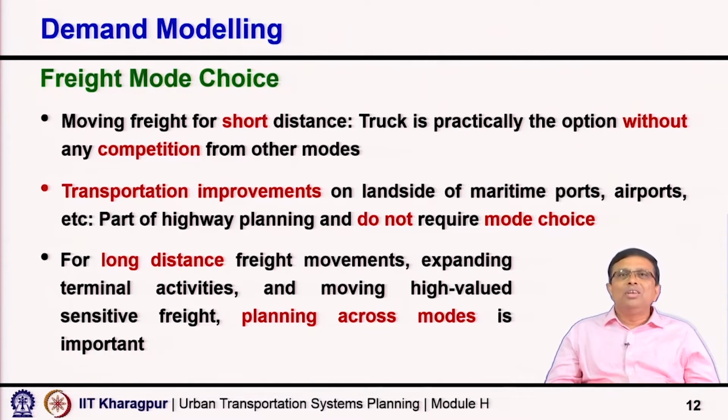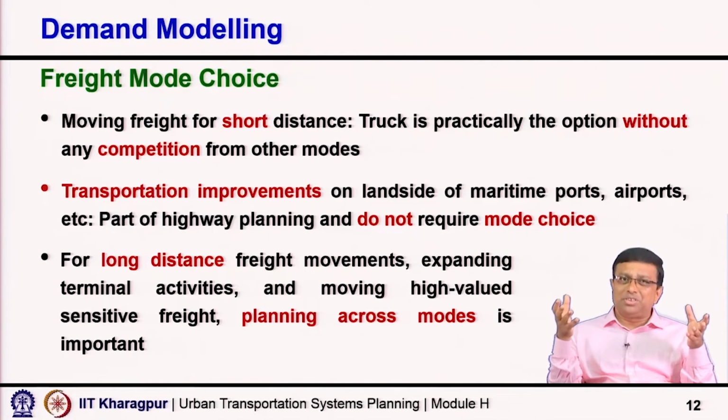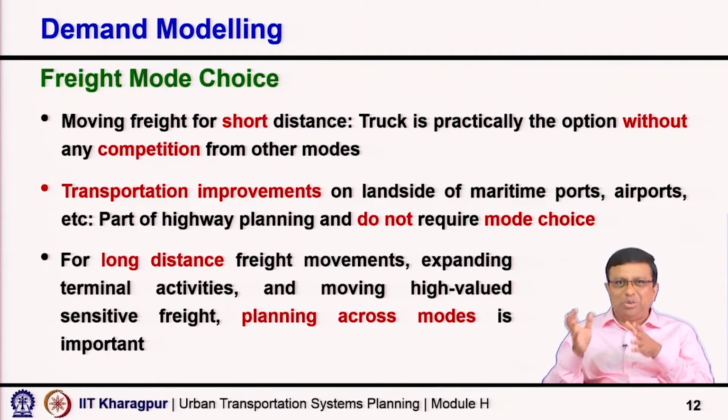Here also again we do not require the mode choice. In such a situation it is not a mode choice, because goods will still use the maritime ports, still probably use the airports, but the land transportation part you are improving. So, it is basically transportation improvement, or comes under highway planning kind of work. So, the mode choice is again not applicable.